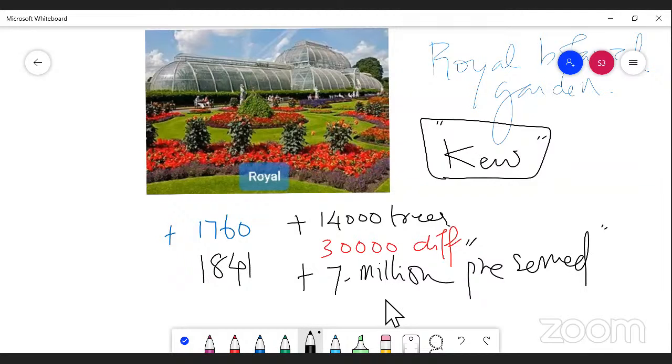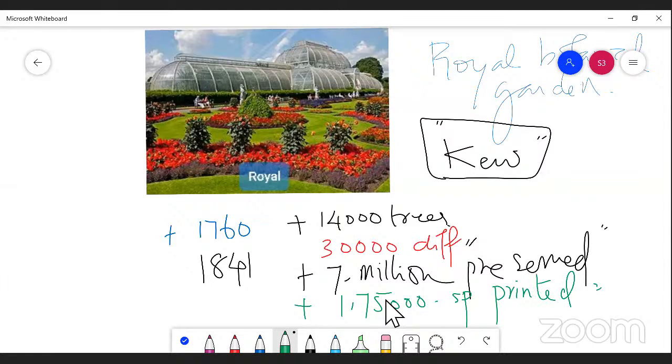In addition to that, 175,000 species are available in the form of printed documentation.